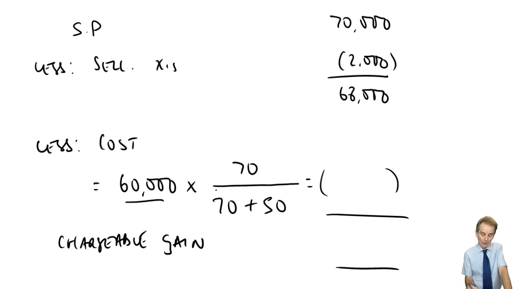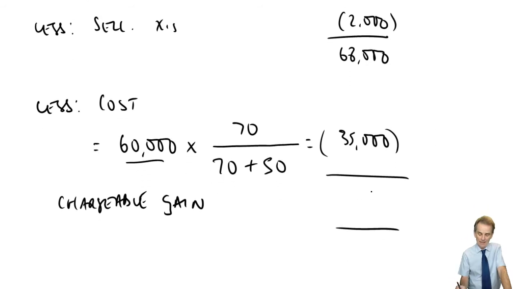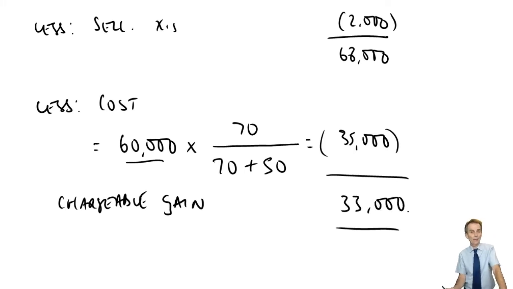Well, 60,000 times 70 over 70 plus 50, 7/12, therefore, of that 60,000, which I think will be £35,000. Take that away, and that will leave us with a chargeable gain of £33,000 now arising. And that, therefore, is how we deal with a part disposal.